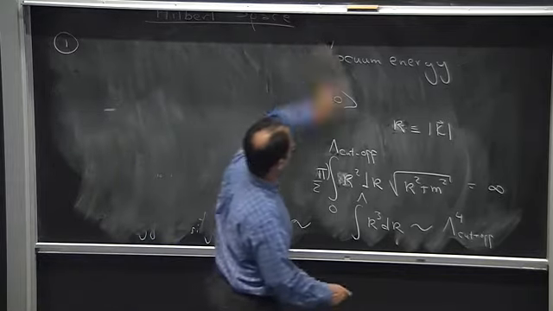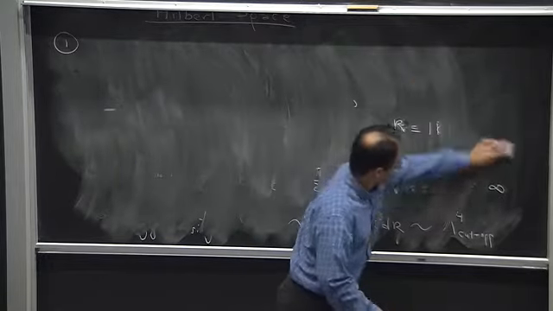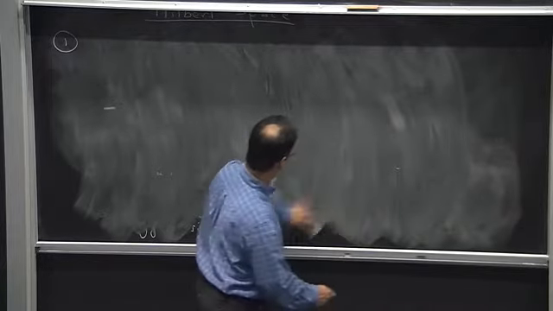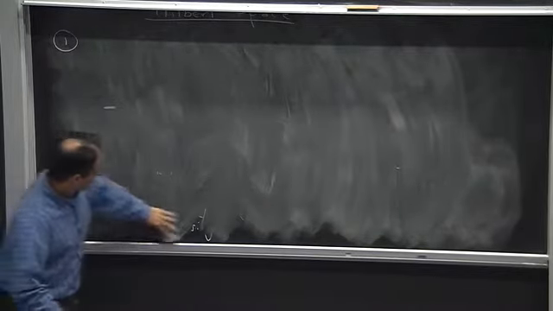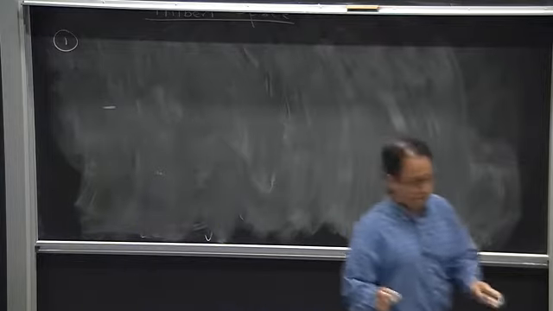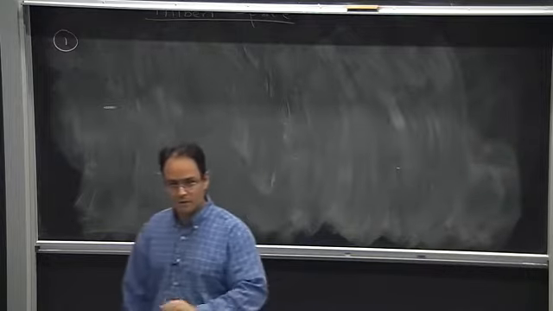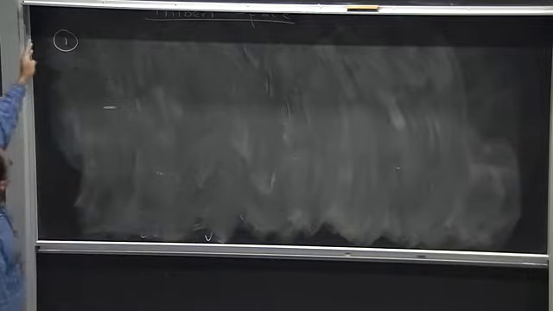Yes? How did you know that a-dagger takes the vacuum to a particle? You haven't really shown that. Yeah, no, I haven't actually proven to you that they will be particles, but they are definitely creating states in our Hilbert space.